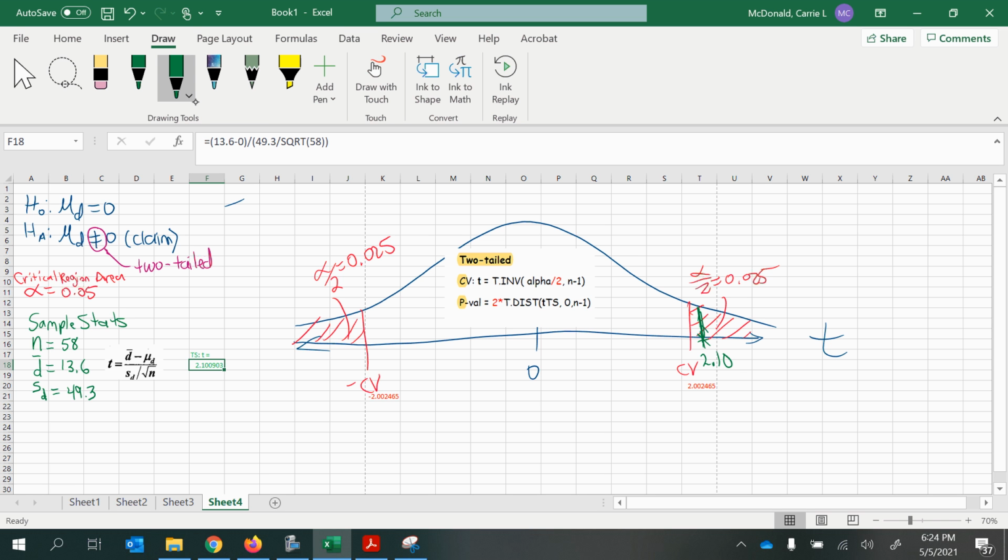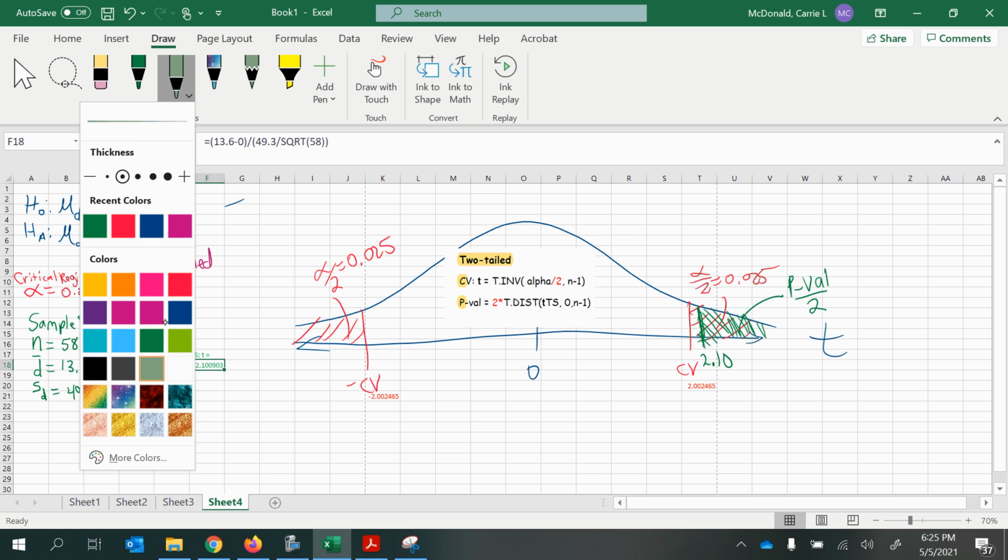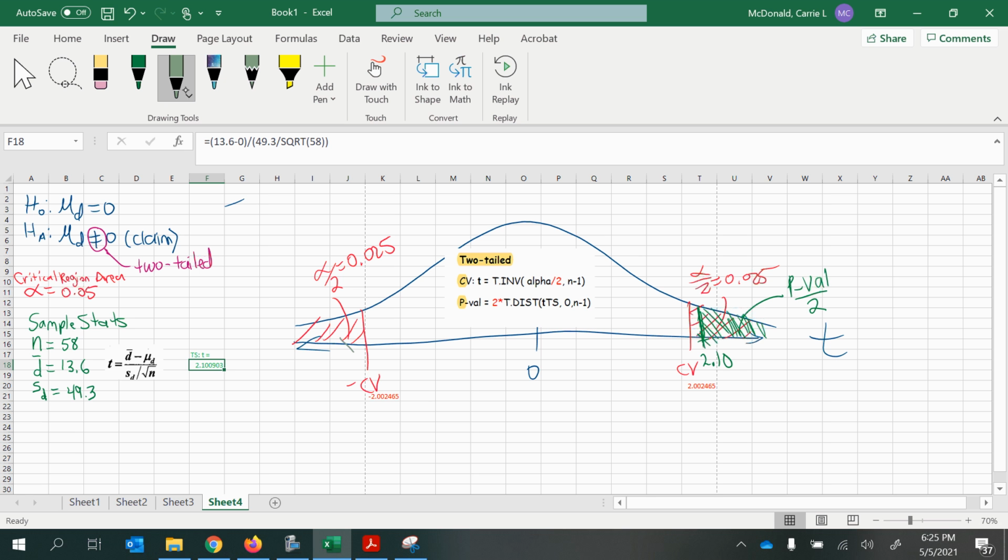There's my test statistic. The p-value is half, and the half of the p-value is the area on the right. The other half of the p-value, even though there's not technically another test statistic, you can just pretend that there's another one over here. It's like a ghost version. And that's the other half of your p-value.